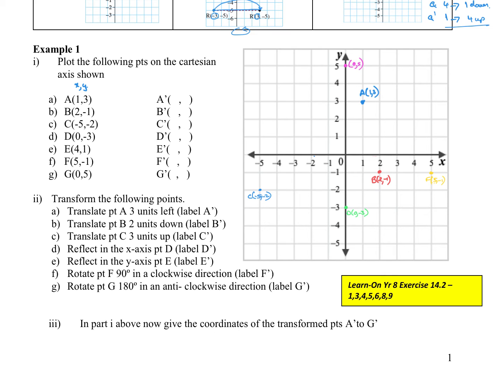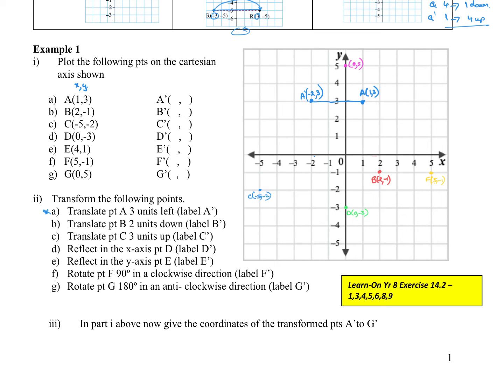A is blue. I need to translate the point A 3 units left. So let's come up to A and go 1, 2, 3 units left. And I'm going to call that A dashed. And what's that coordinate? Well, we were at 1 and moved 3 units to the left, so we've gone to -2, but we're still at a height of 3.